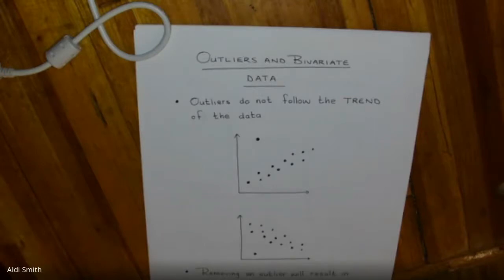So if they ever ask you to identify an outlier, because it's a fill-in paper, you will have to either circle it and draw an arrow pointing at it, or you might have to just take a highlighter and highlight it. Sometimes they ask you to write the letter A next to it, or write the letter B next to it. Just be very cognizant of how they want you to identify that outlier.